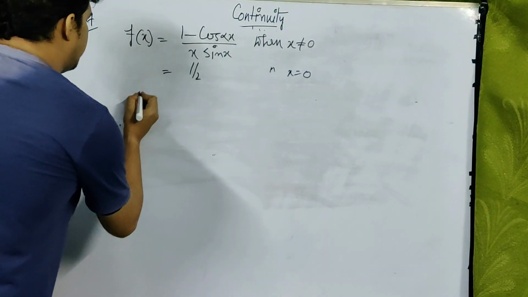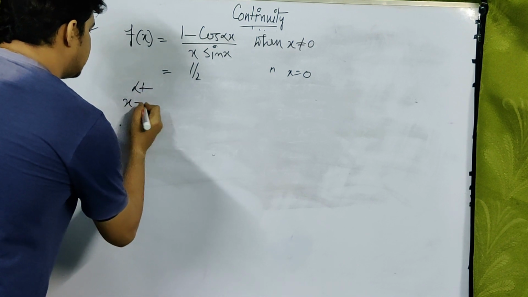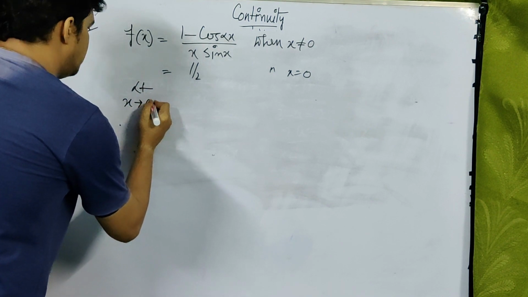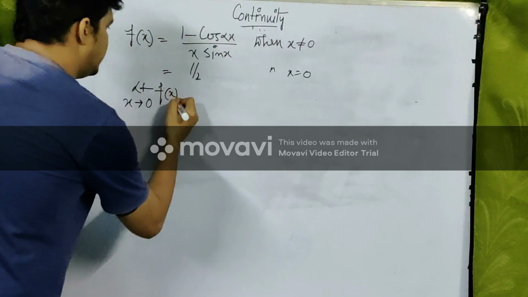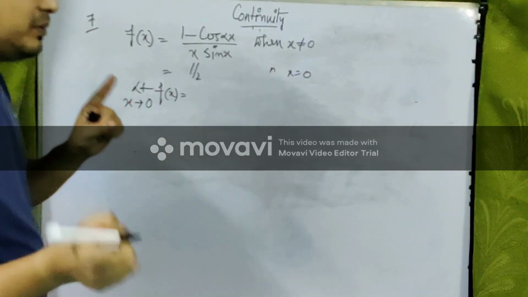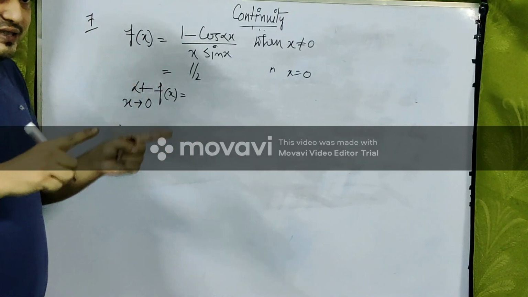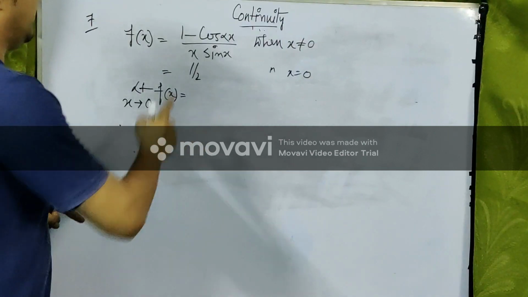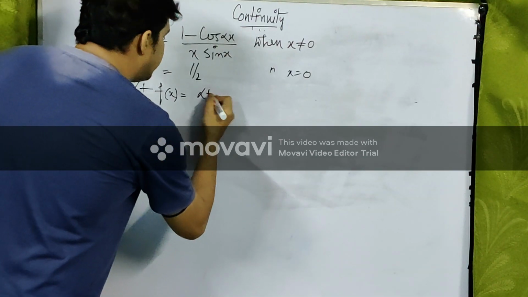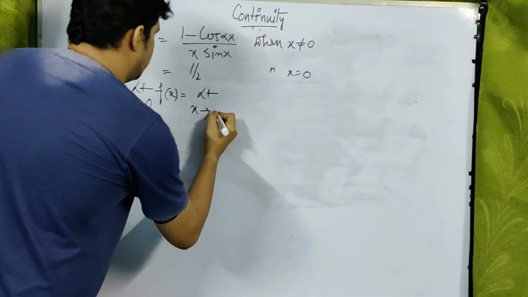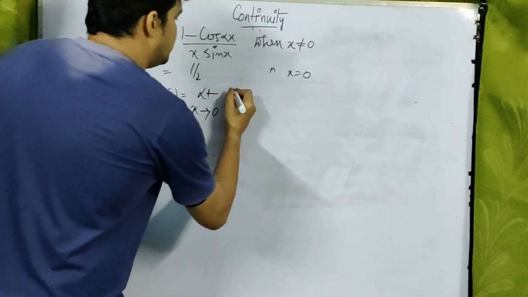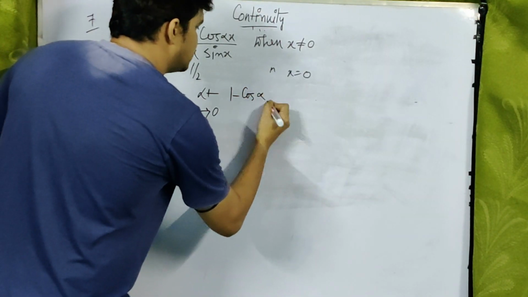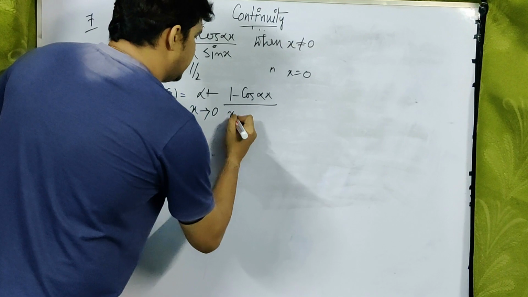So first of all we are trying to find out limit x tending to 0 of f(x). When we write this one, we are actually covering both the cases, when x is greater than 0 and when x is less than 0. So the function is defined in this way: limit x tending to 0, 1 minus cos alpha x by x sin x.